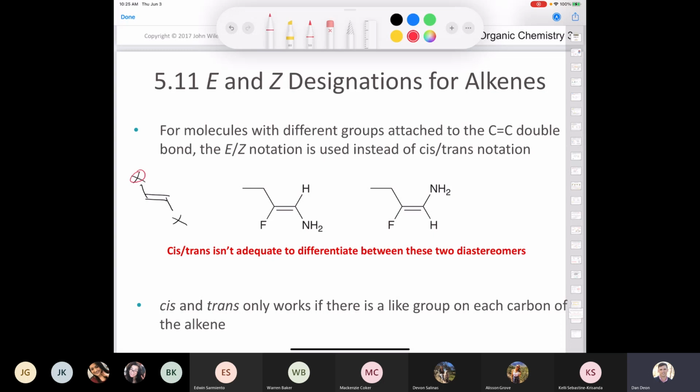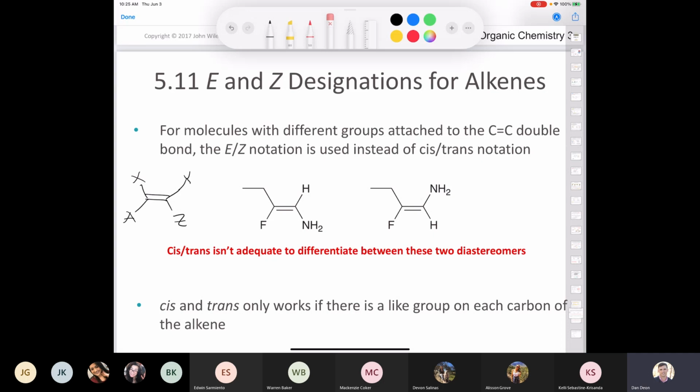Because X is the same as X, those are trans, right? Because X is the same as this X, these are cis. Okay, but if you had four substituents, let's say you had X, Y, Z, and then over here you have A. Well, there's no designation as cis or trans here because none of the groups are the same.